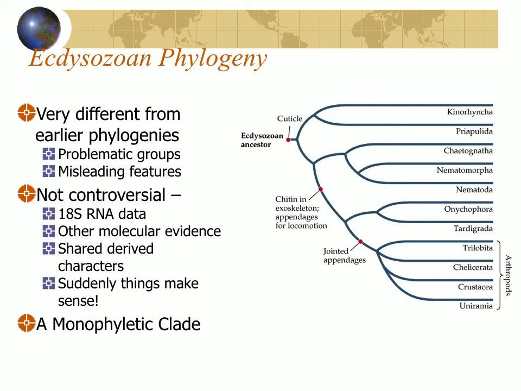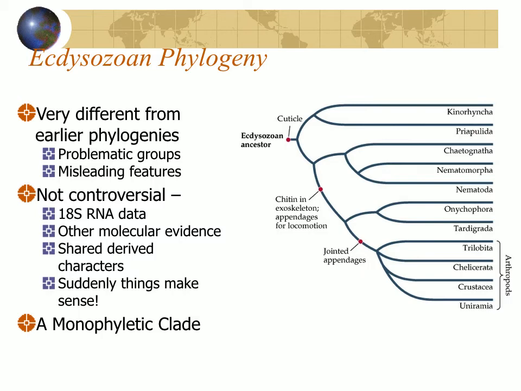Ecdysozoans weren't really recognized as a group until we started getting DNA and RNA data, and then the molecular evidence became overwhelming that they're closely related, and that these phyla form a clade that's pretty unique.